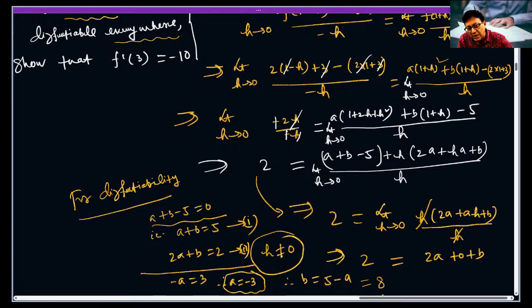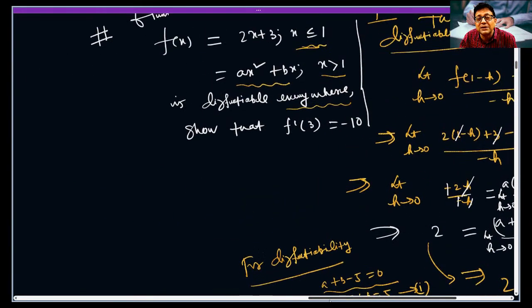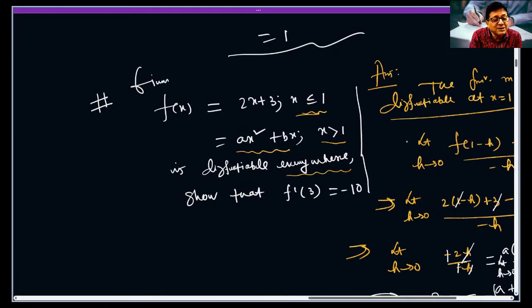Okay. Now in this sum I got a and b. Nice sum. So you got a and b. Now go back to the original sum. A equal to minus 3 and b equal to 8. So after that we got f x equal to 2x plus 3, and put a and b here.